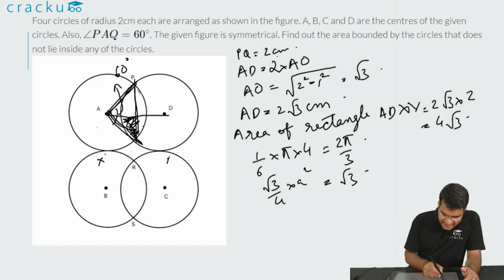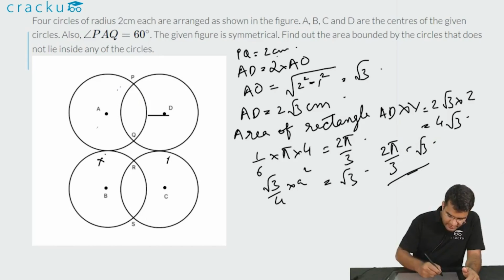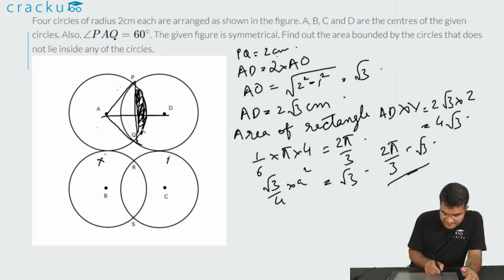Therefore, the area of the chord that is left equals the difference between these two, that is 2 pi by 3 minus root 3. We argue that the area of this chord is half of the total area, which is also equal to the bottom half.